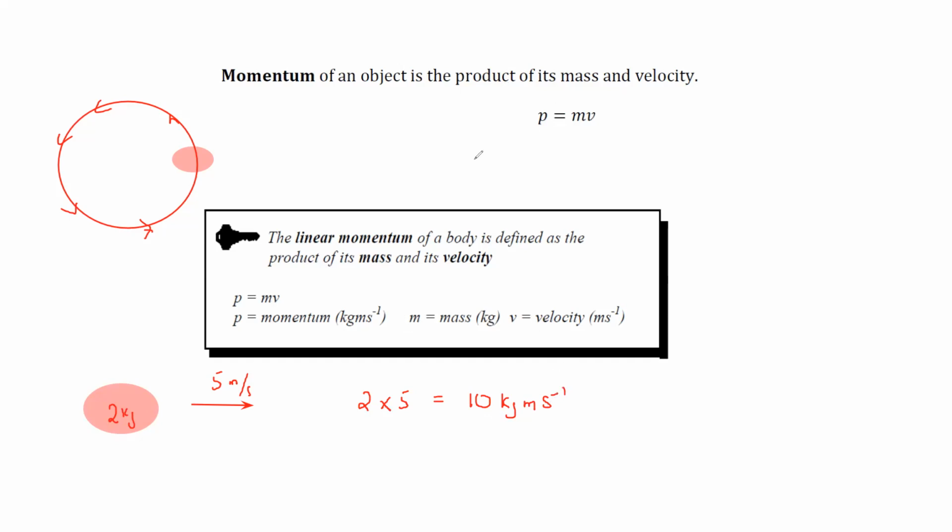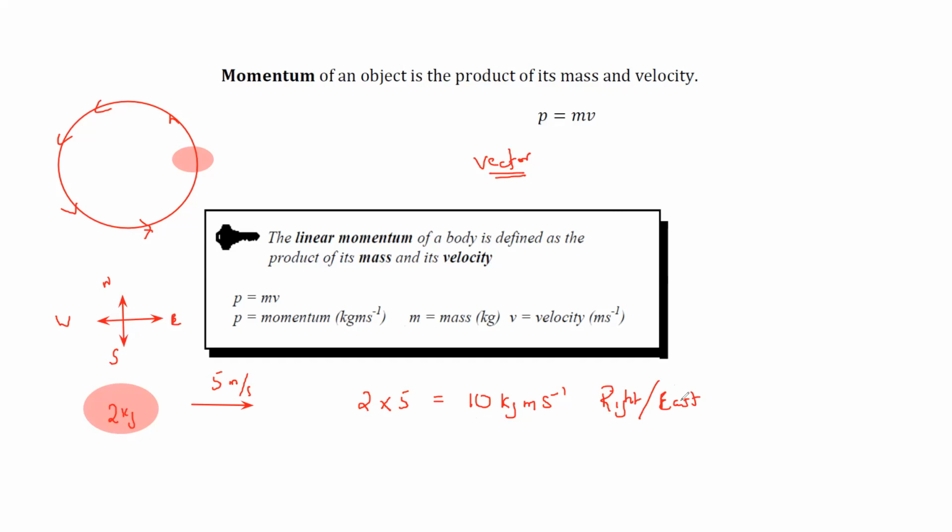Because momentum is a vector quantity, vector addition rule is applied, and it should be specified by a direction. If we consider the compass, north is at the top, south at the bottom, east is towards right, and west is towards left. Because it is moving towards the right hand side, we can say momentum is 10 kilogram meter per second towards right, or we can also say towards east.